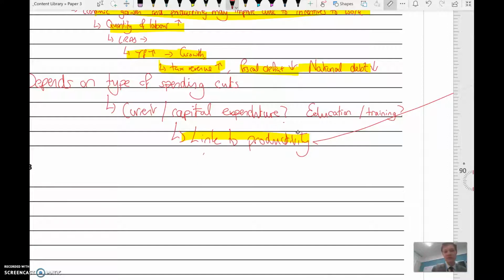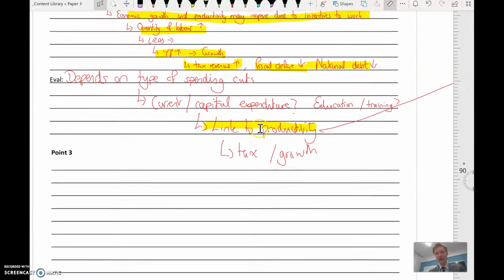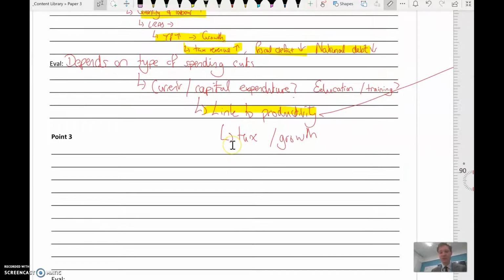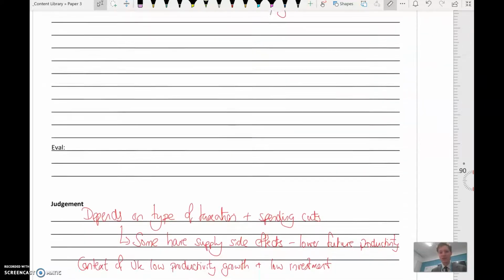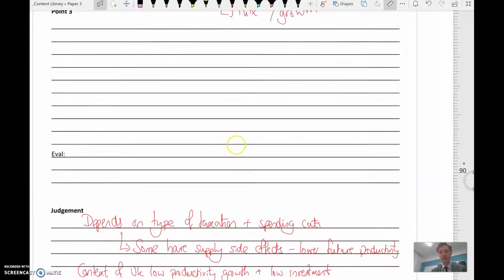We could link back to tax again and growth. That could also be negative. So you've got an awful lot there to talk about. I had to work quite hard to link that to the text, but we've got plenty of application in the first point as well from our own knowledge.